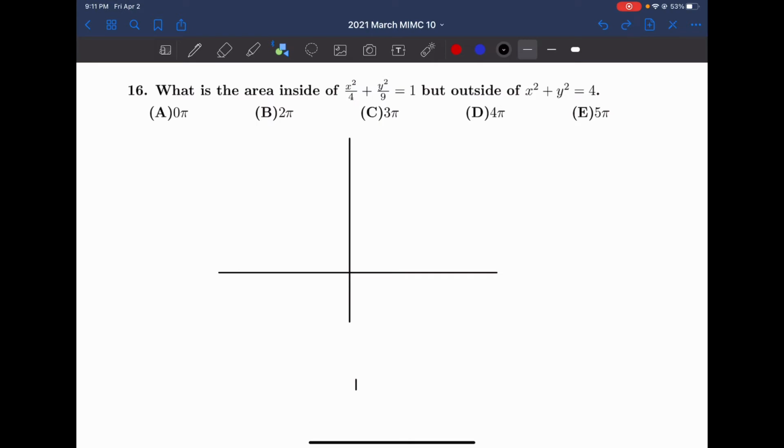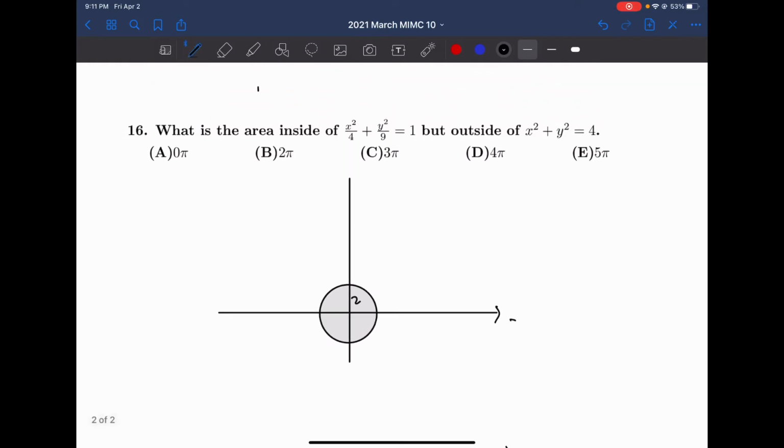First of all, there is a circle with radius 2, or the radius squared to be 4. So let's draw it as accurately as possible here. So that's our circle with radius 2. That's our x-axis. That's our y-axis. And the second shape, which is an ellipse.